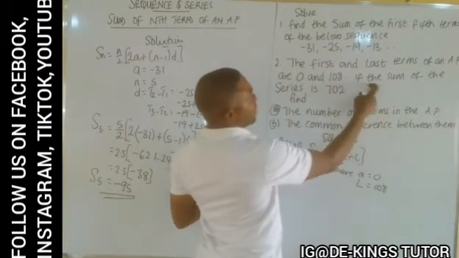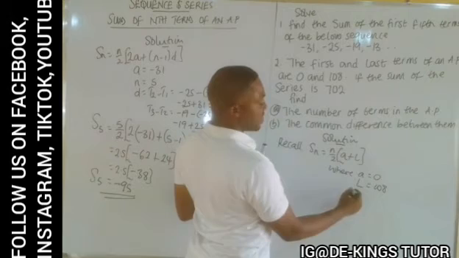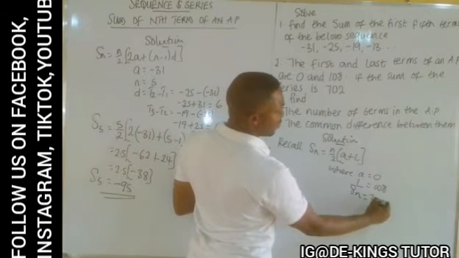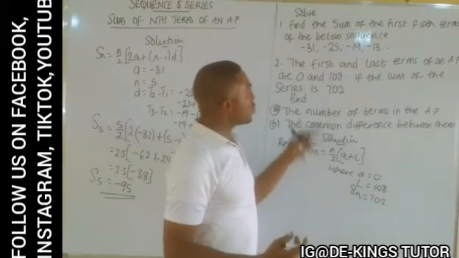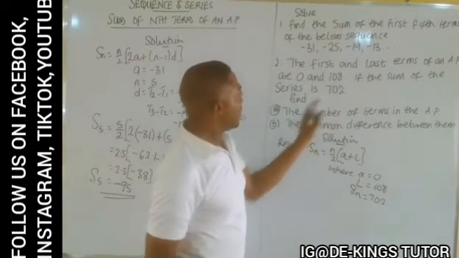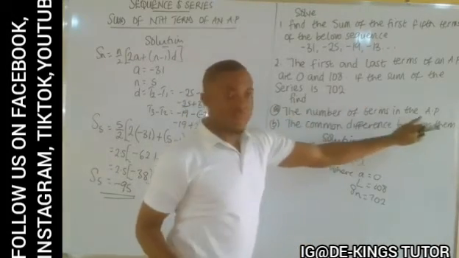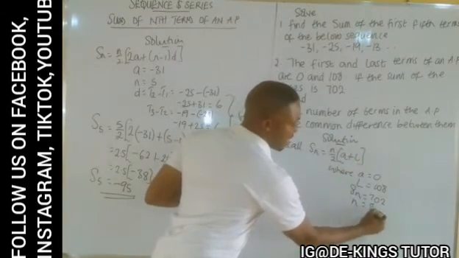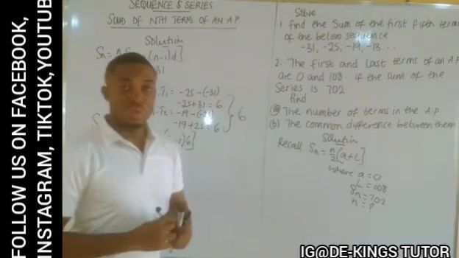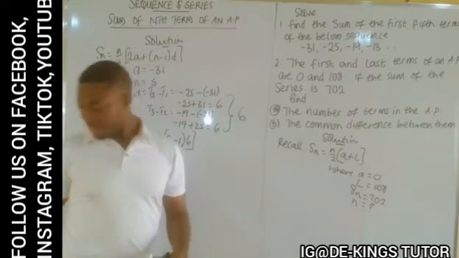It said if the sum of the series, that is Sn, is 702. Remember when we were defining the variables. They said find A, the number of terms. So the first thing we have to find is n. Number of terms is n. n is unknown. Okay, so let's look for n.